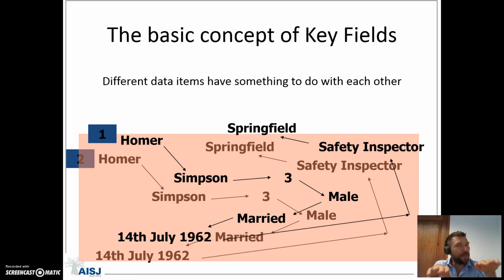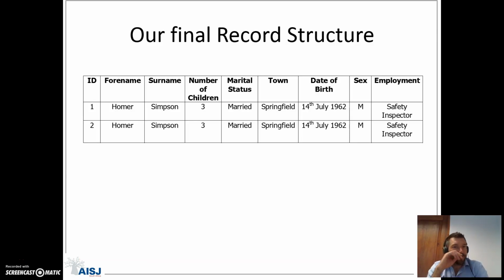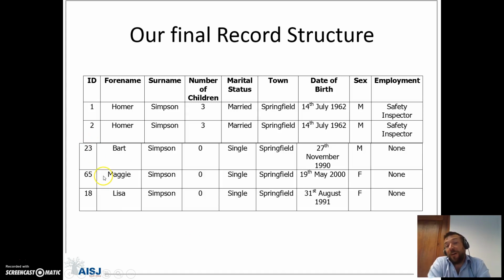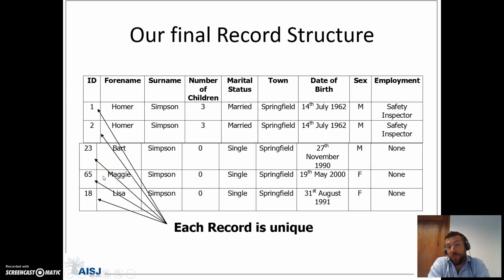And those are completely different by definition, because not every single piece of data is the same. Because one of them has an ID number 1, one of them has an ID number 2. Here's what our final record structure would look like just in this example, and you can see there's now 2 records and they are different. So we've met our first goal. Each record is unique.